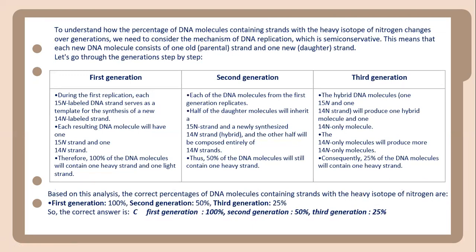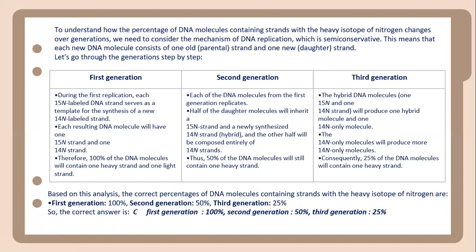To understand how the percentage of DNA molecules containing a strand with the heavy isotope of nitrogen changes over generations, we need to consider the mechanism of DNA replication, which is semi-conservative. This means that each new DNA molecule consists of one old parental strand and one new daughter strand. Let's go through the generations step by step.